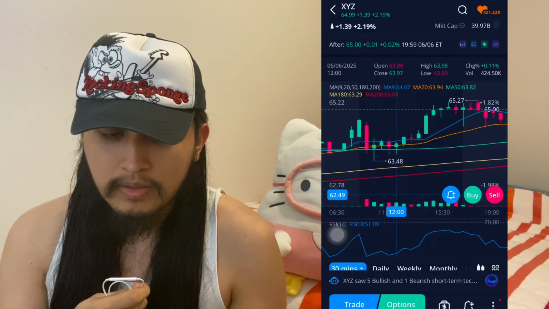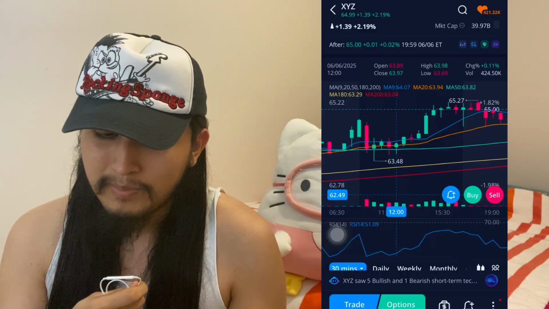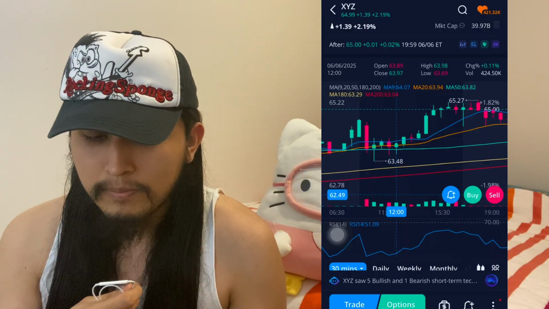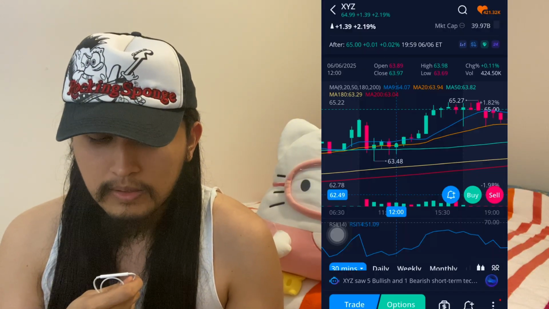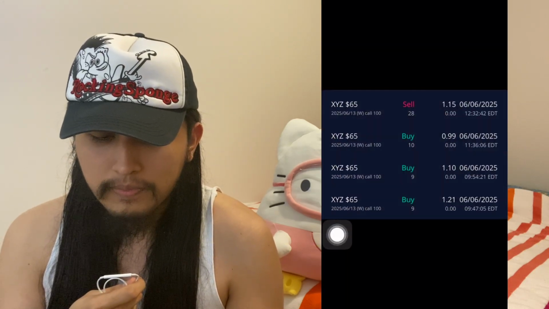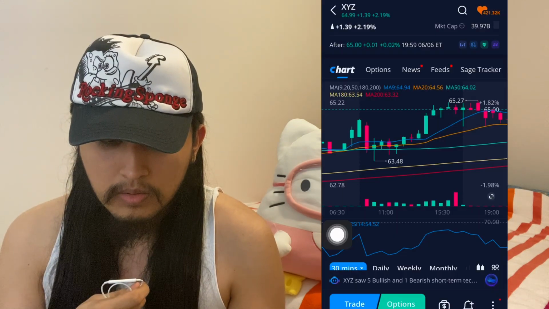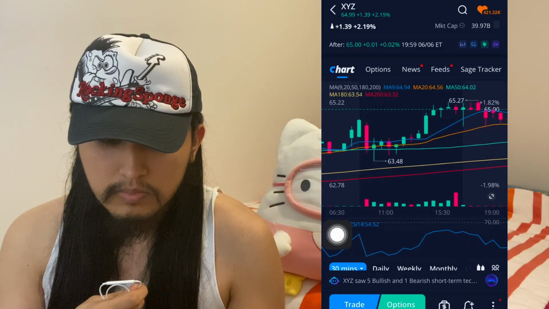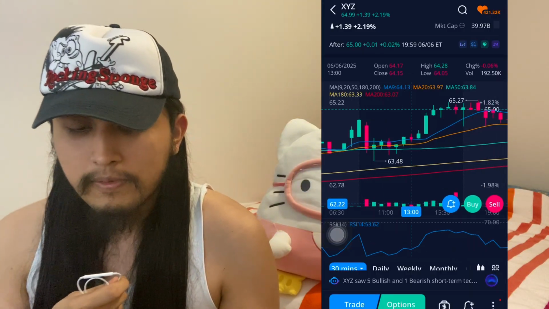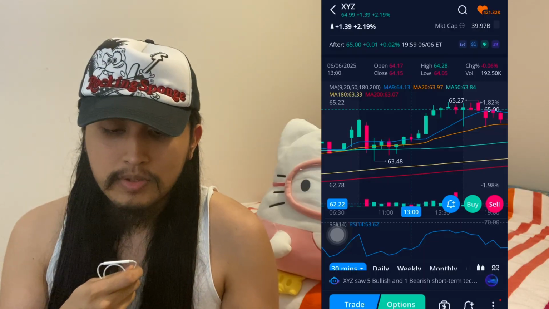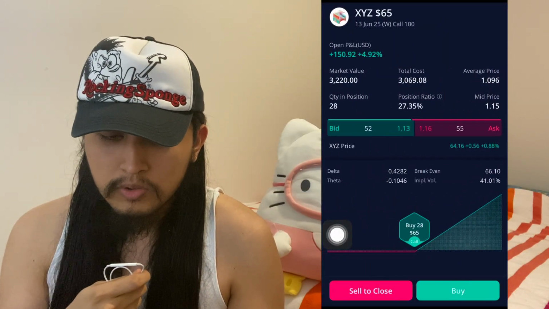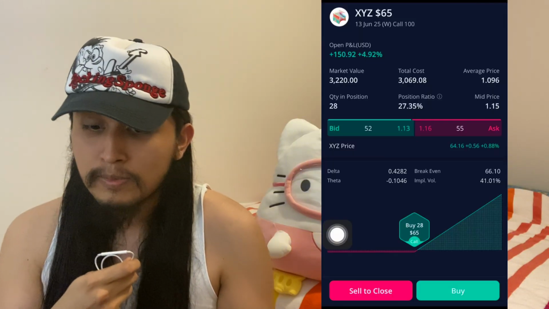So I thought, okay, let's see if XYZ can once again land on the 50-day moving average and bounce off of it. At 12:30, this candle right here, the 13 candle, I sold out the position, making a gain of $150 just trading a couple of XYZ call options.